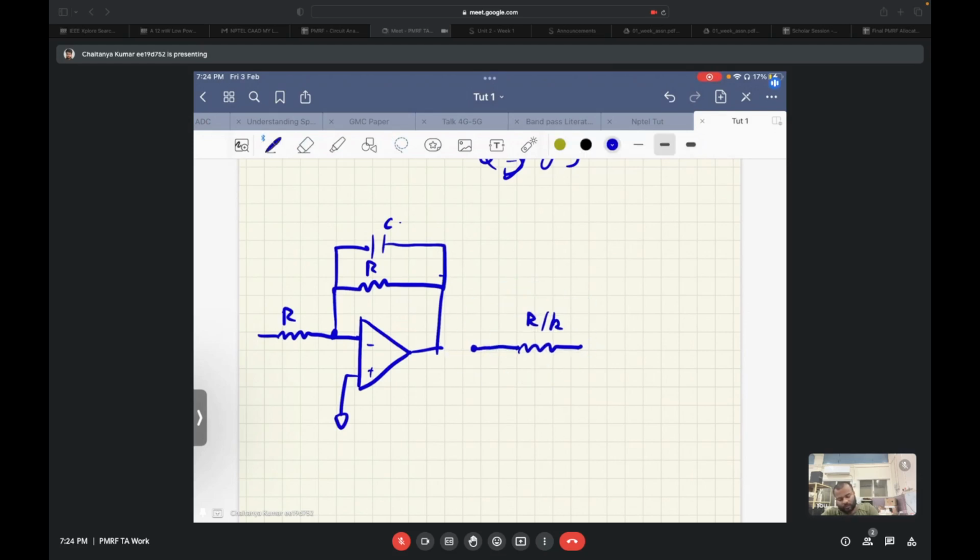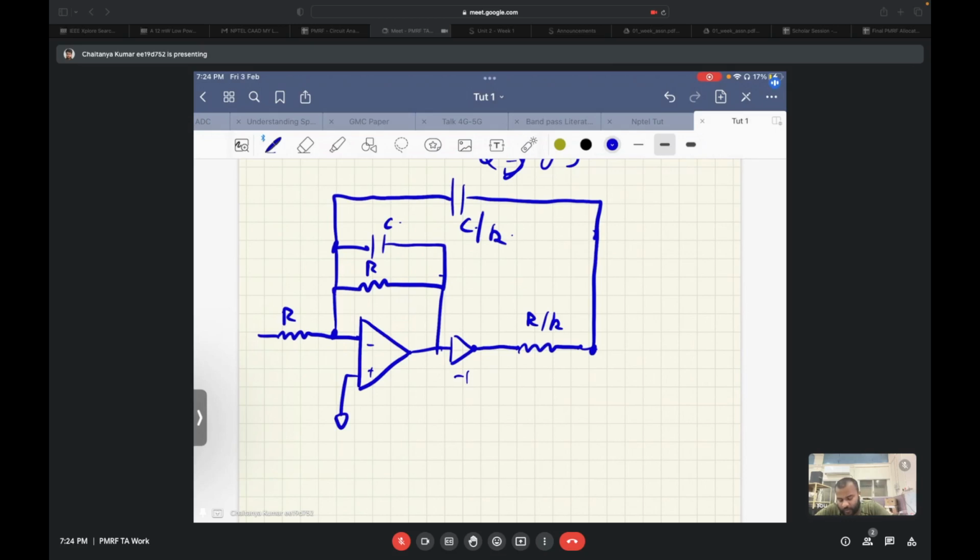So we will introduce an inverter over here as -1, and this capacitor will go into this node. Let's call this C by K.